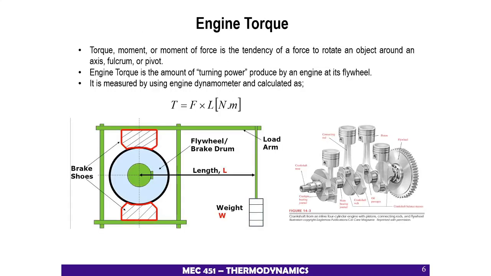Engine torque. Torque, or moment of force, is the tendency of a force to rotate an object around an axis, fulcrum or pivot. So engine torque is the amount of turning power produced by an engine at its flywheel. It is measured using an engine dynamometer and calculated as the force exerted times the length or the radius.